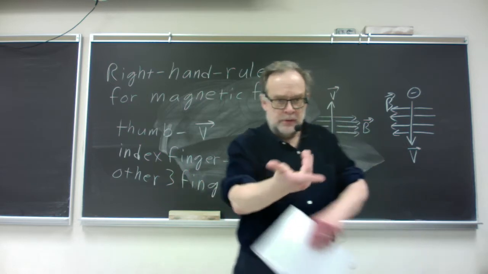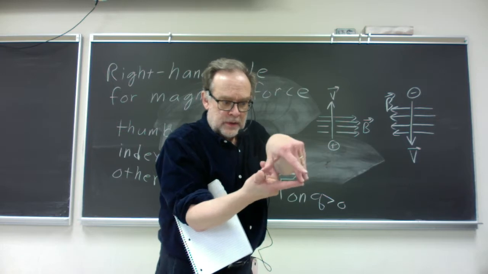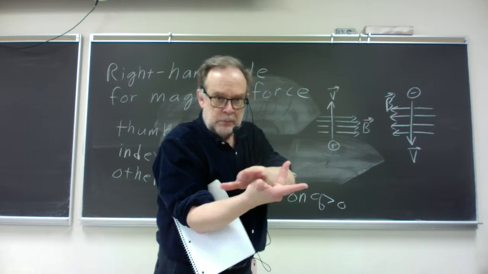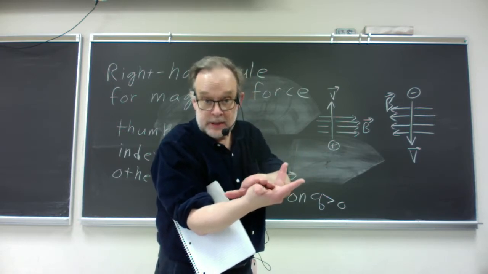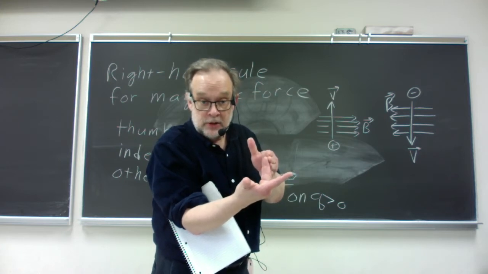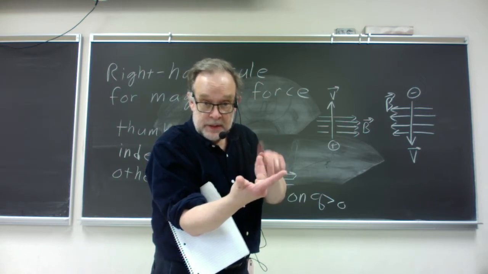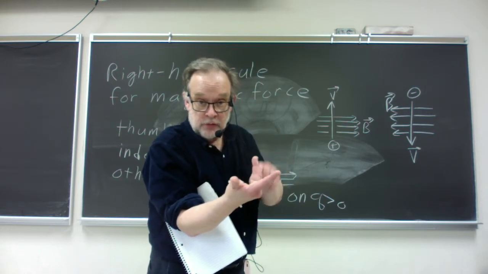Like your thumb and index finger define a plane, the same plane as the palm of your hand, and your other 3 fingers are perpendicular to that plane. And once you do that, these tell you the direction of magnetic force.